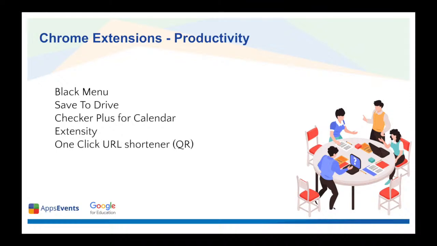Checker Plus is a quick check for your calendar. Extensity is another way of managing your extensions and also the Google apps, the G Suite tools that you want quick access to. And last but not least, for productivity, you've got the one-click URL shortener that now lets you generate a QR code.